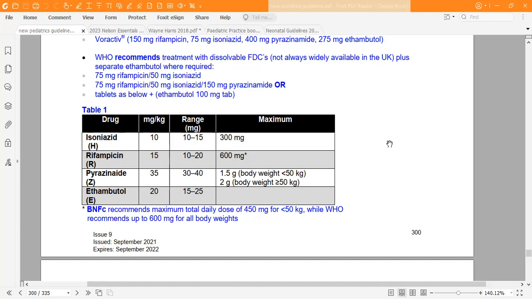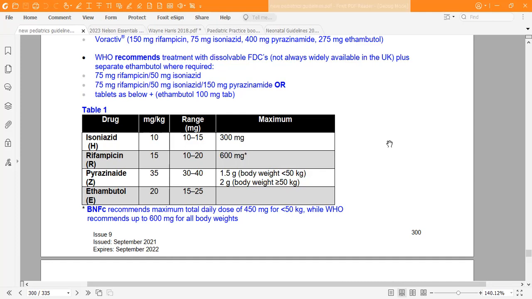So isoniazid, we have 10 milligram per kg, maximum 300 milligram. Rifampicin 15, maximum 600. Pyrazinamide 35 milligram per kg, maximum 1.5 gram for body weight less than 50 kilogram, maximum 2 grams for body weight more than 50 kilogram. Ethambutol 20 milligram per kg.